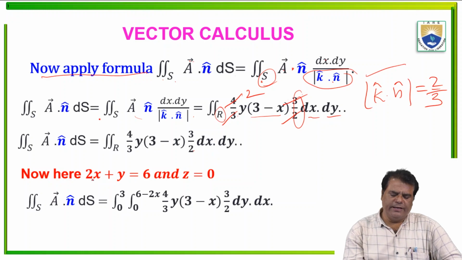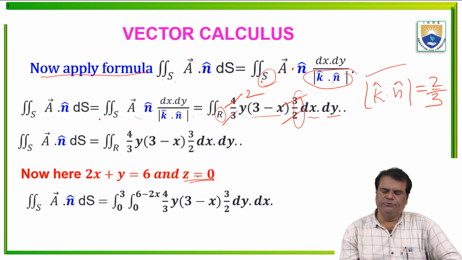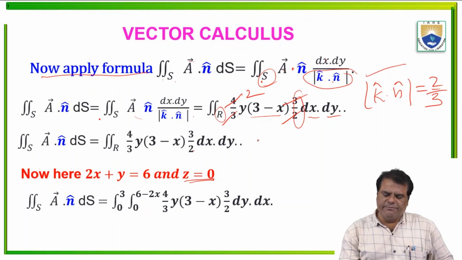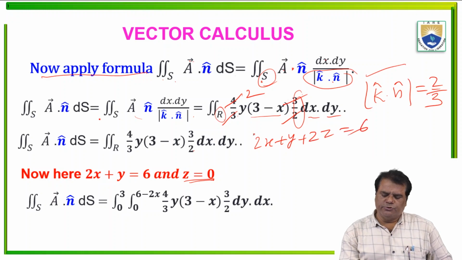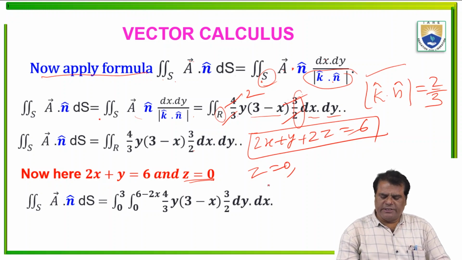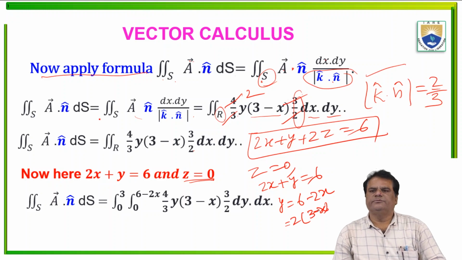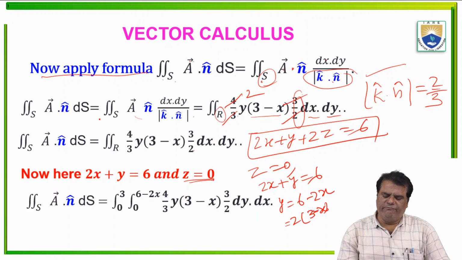So here now, 2x plus y equal to 6 and z equal to 0. How this result? Here the plane is given, 2x plus y plus 2z equal to 6. So in this plane, putting z equal to 0, this surface converts to 2x plus y equal to 6. Means y equal to 6 minus 2x. 2 is common, means 3 minus x. So this is the value of y.